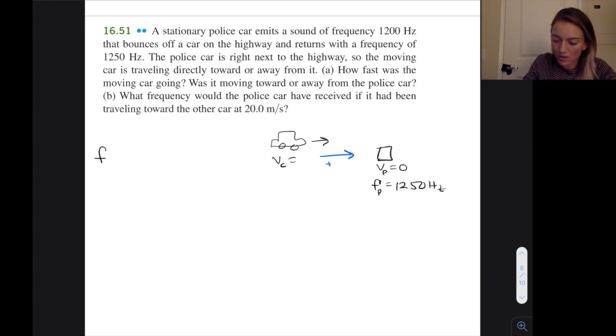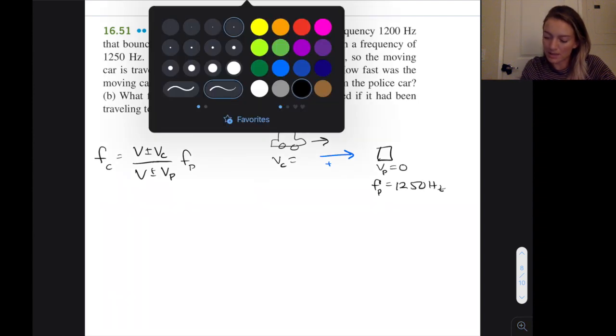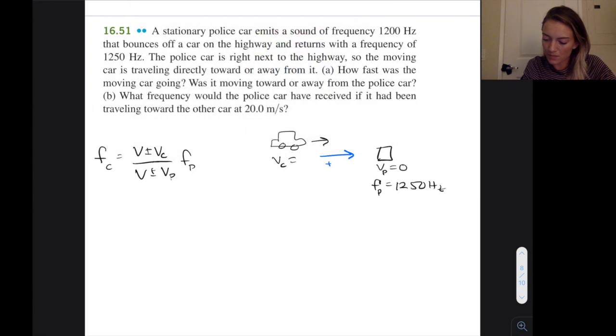The frequency that the car hears is V plus or minus V of the car, over V plus or minus V of the police, times the frequency that the police initially outputs, which is that 1200. So let's get our signs right. Here the cop car is not moving, right? So this is 0. And then we said that for the car, going from listener to source is the positive direction, and the car is moving in the positive direction. Oh wait, is it?